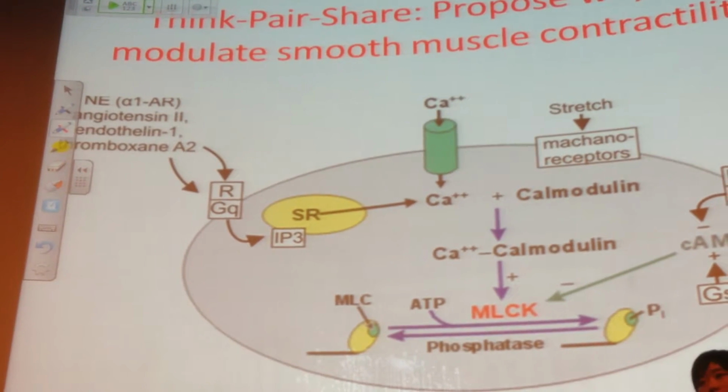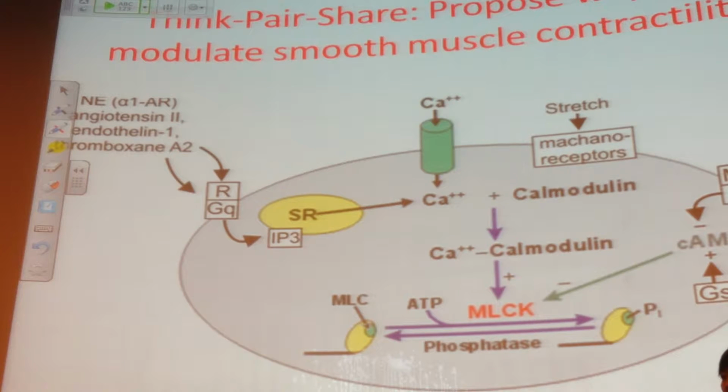Some vessels will constrict, some vessels will relax, depending on the receptors you find. Even though norepinephrine is binding, it will cause a constriction if you find that a Gq receptor is there. That Gq receptor causes calcium to release, and that will have an excitatory effect. So that was a great question to differentiate these two.